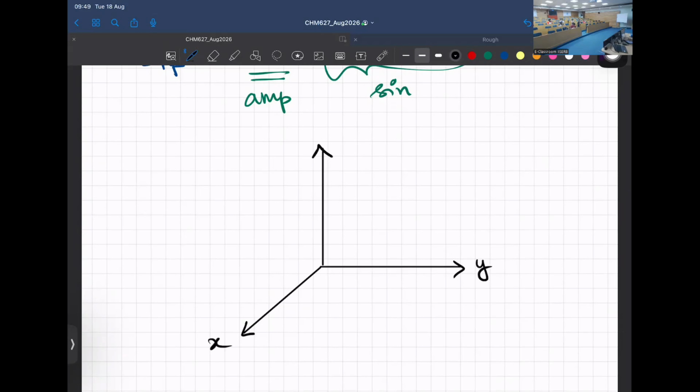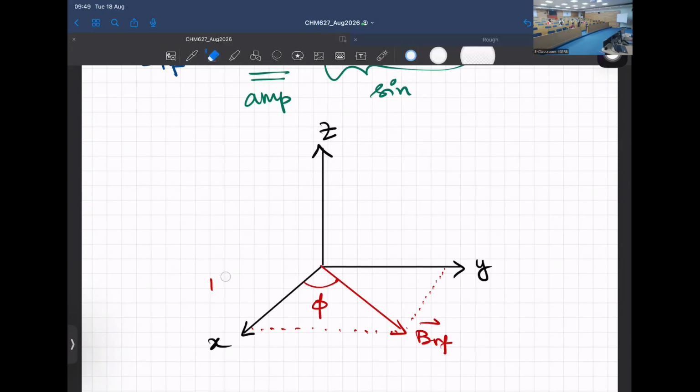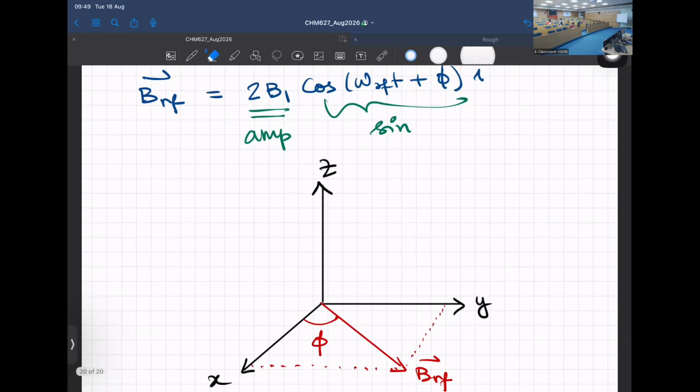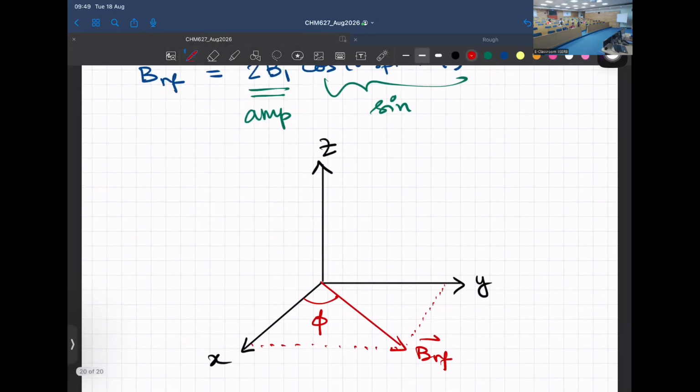X, Y, and Z, and then you're applying an RF pulse, which is B_RF, which is also a vector, which subtends an angle phi with respect to X and has projections of the necessary components. What is going to be the projection here? Okay, let me write the projections in one moment, because that's going to change after we write it. Does that make sense?